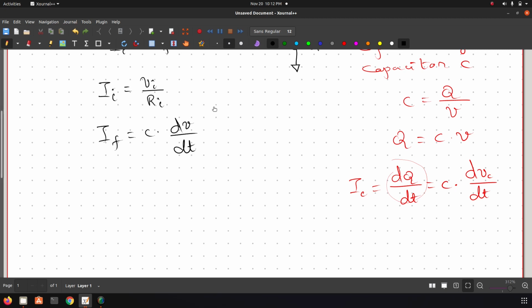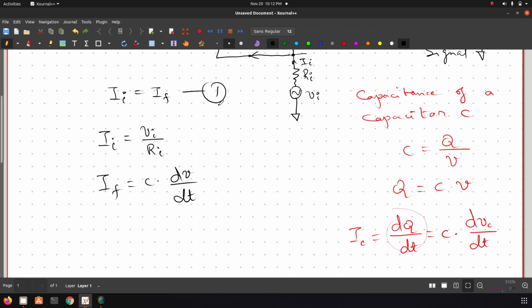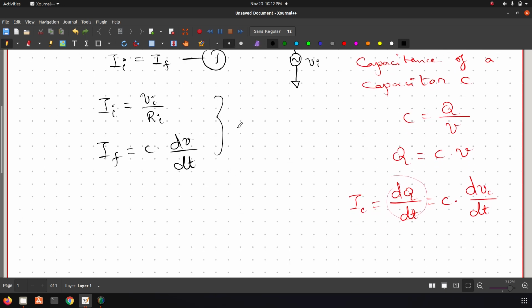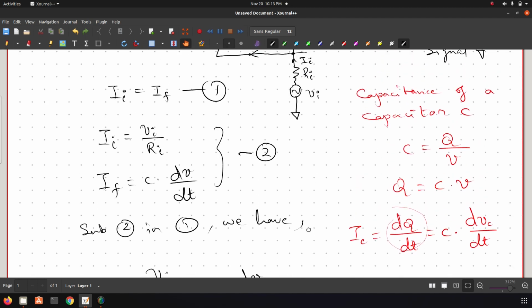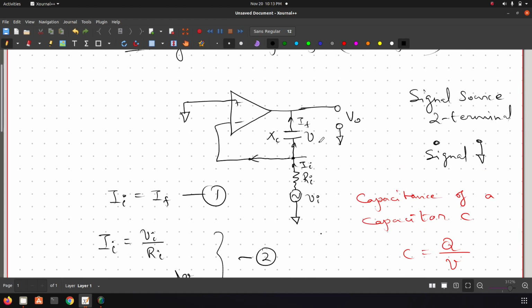Substituting relation 2 in relation 1, we have Vi by Ri equals C times dV by dt. Here V is the voltage across the capacitor, which is what we measure as the output voltage.